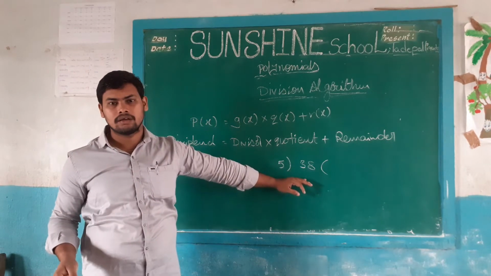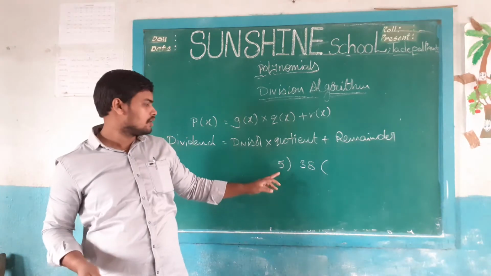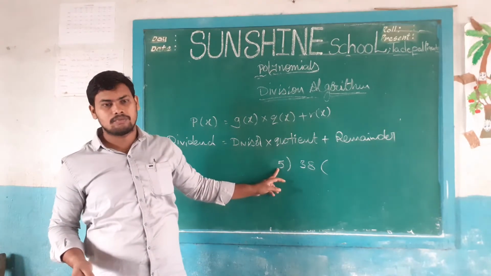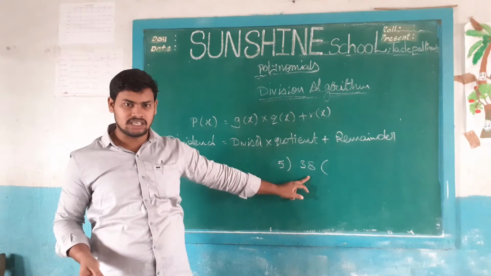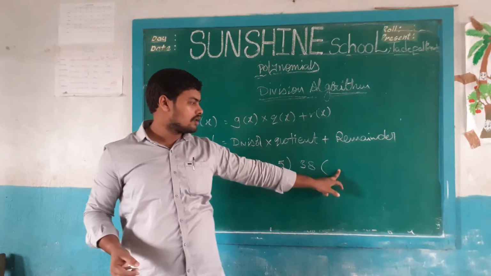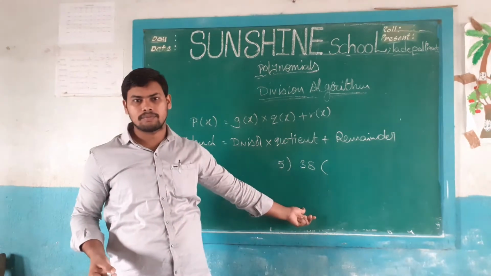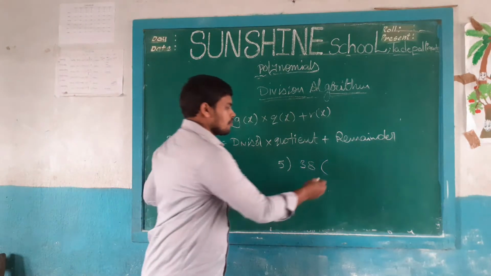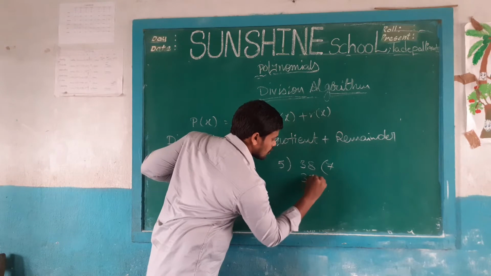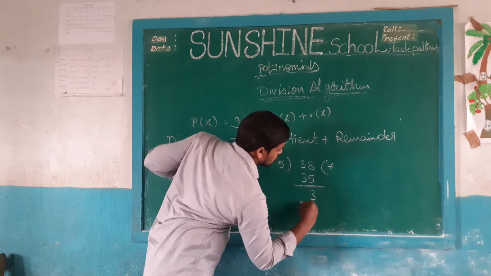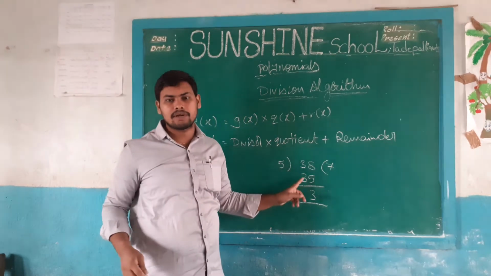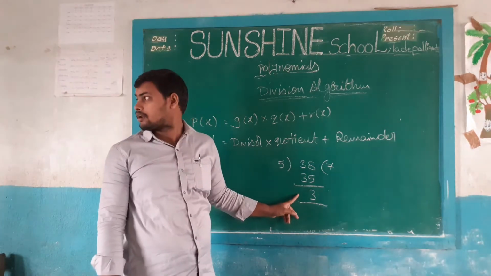Suppose we divide 38 by 5. Here 5 is called the divisor, 38 is called the dividend, this one is the quotient, and the bottom one is the remainder. So 5 sevens are 35. 38 minus 35, 3 is the remainder.